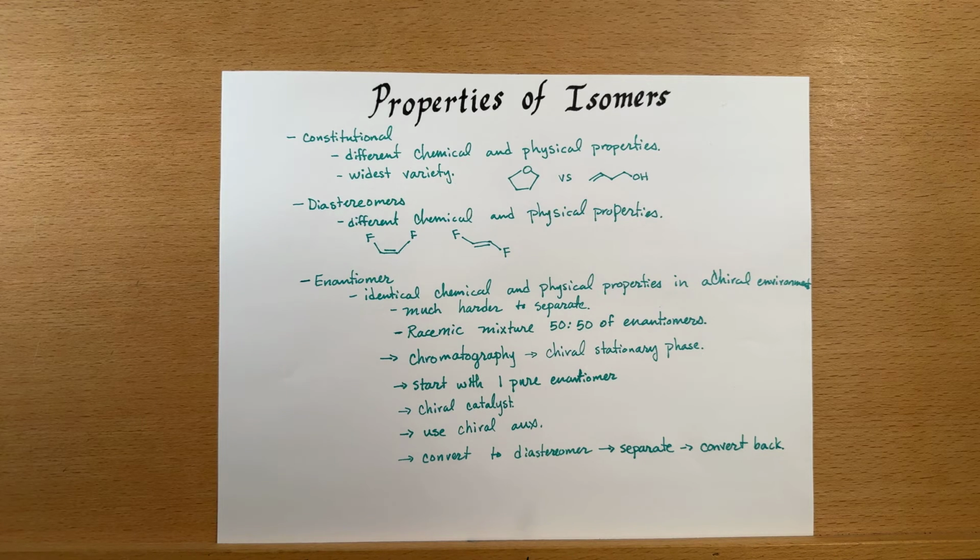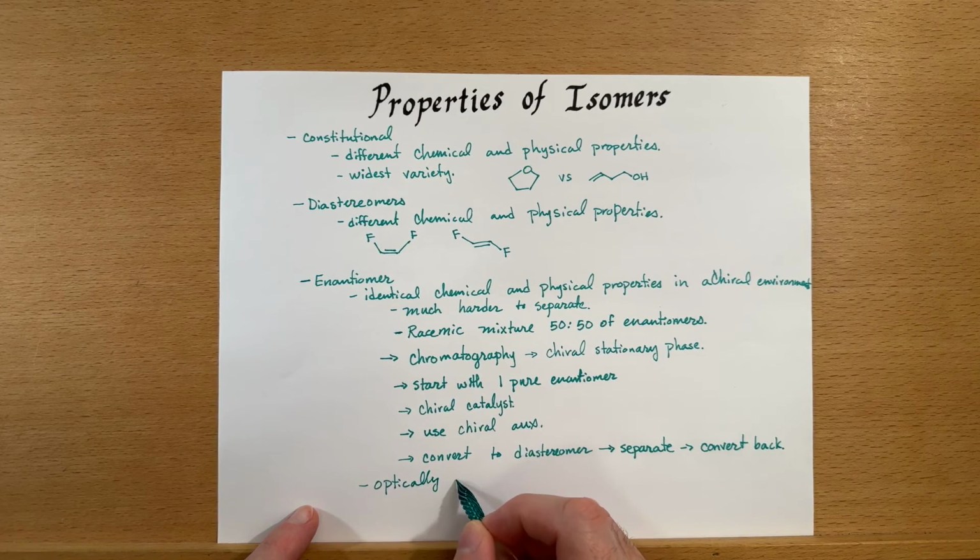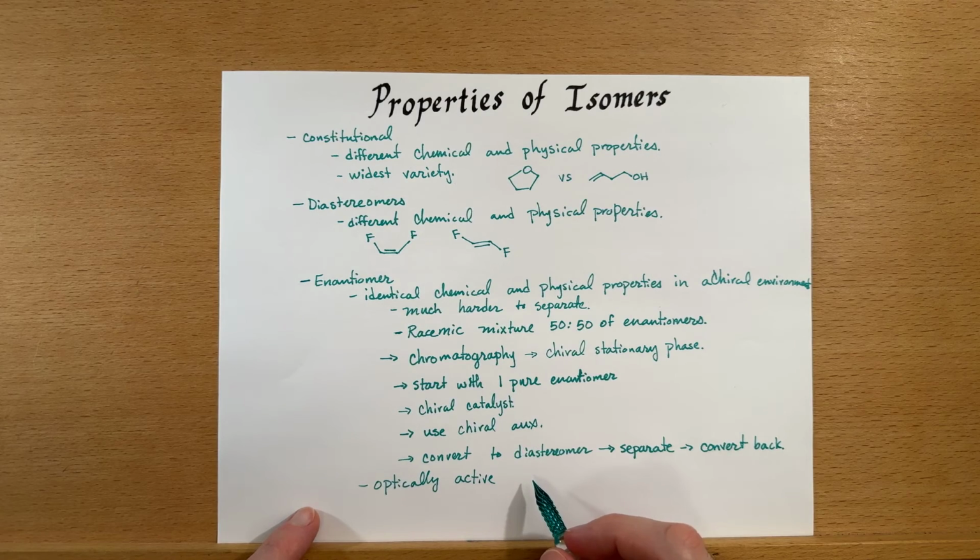One thing that enantiomers are well known for, and I should mention it because it is a property of them, is that they are optically active. And that is, they will rotate plane polarized light.